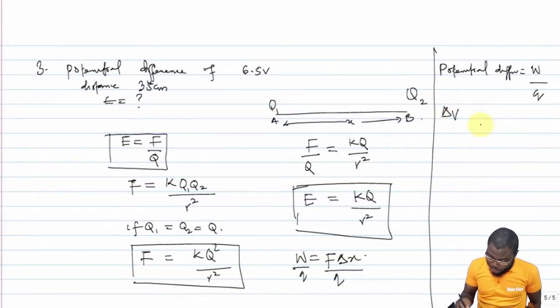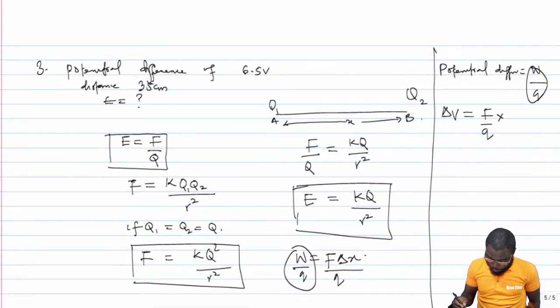So change in V equals force per unit charge times change in x. And force per unit charge, don't forget, is your electric field intensity. So change in V equals electric field intensity times change in x. It therefore means that my electric field intensity equals the potential difference divided by the distance.